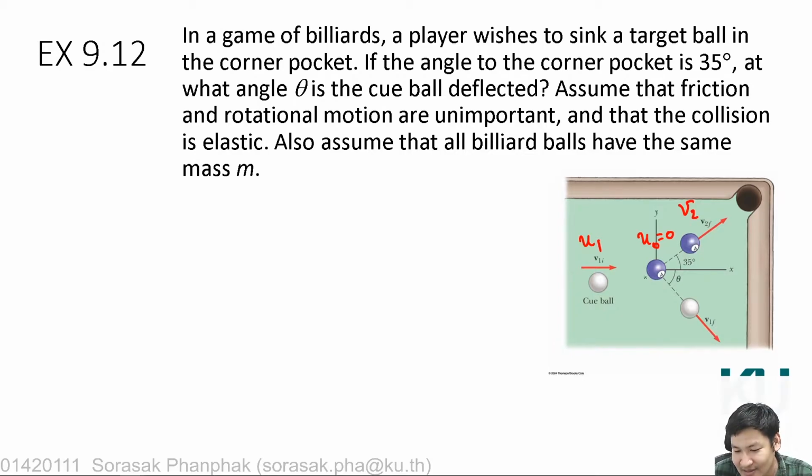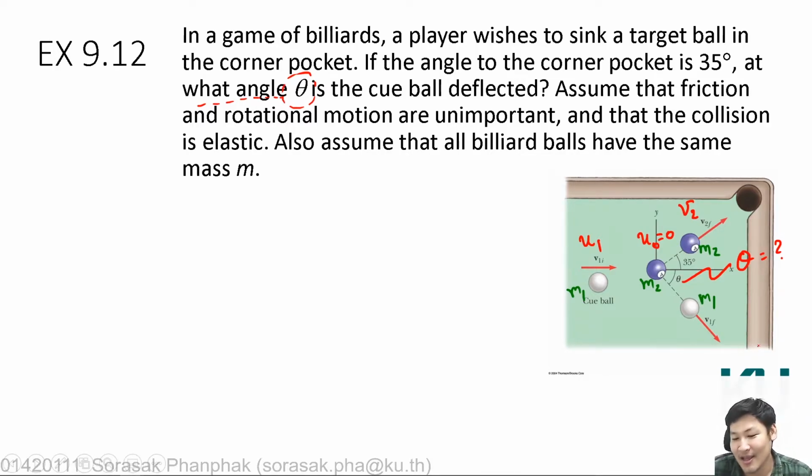If I state this as mass m2, this is mass m1. You see this angle. If you would like to determine the angle of the white ball after the collision, you should guess this one is not going to another hole, right?